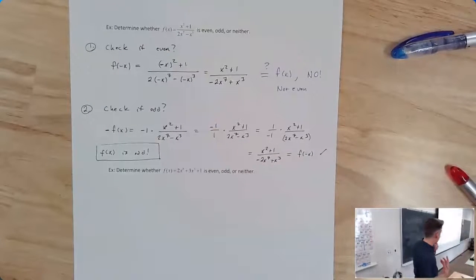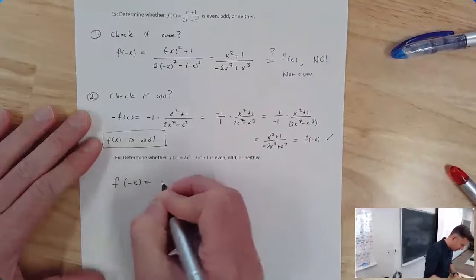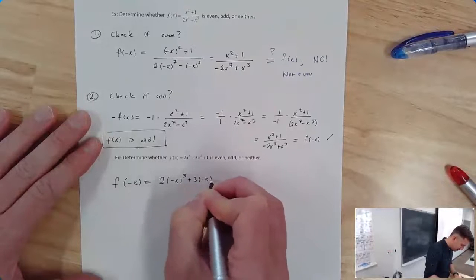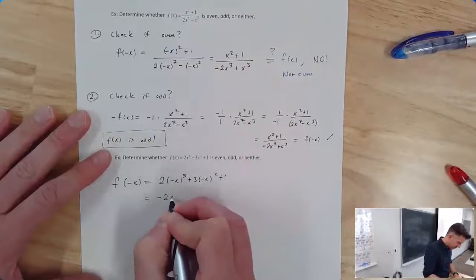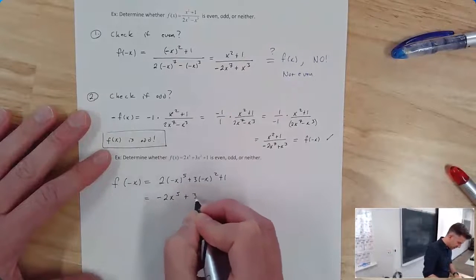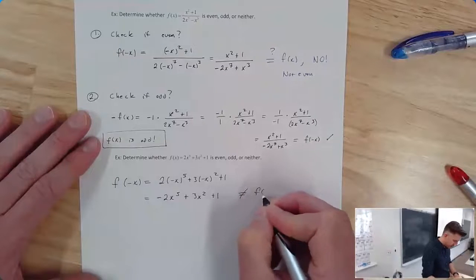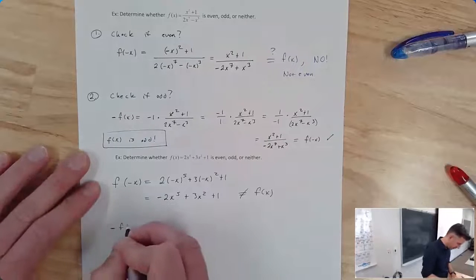So this last one here, we would do the same thing. We look at f of negative x. It's 2 times negative x to the fifth plus 3 times negative x squared plus 1. And if we multiply this out, that's negative 2x to the fifth plus 3x squared plus 1. And that's definitely not the same as the original function. And then we ask ourselves, what about negative f of x?